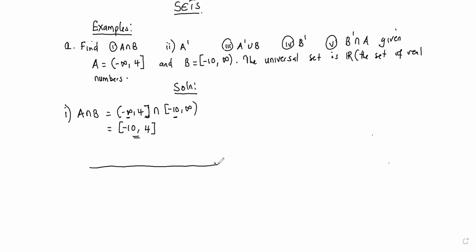On a number line, the universal set is R, and then we have 4 closed going to the left. We also have negative 10 closed going to the right. Okay? So if you want to talk about the intersection, you want the interval that is being shared by the two intervals. So here, we have from negative 10 all the way up to 4.